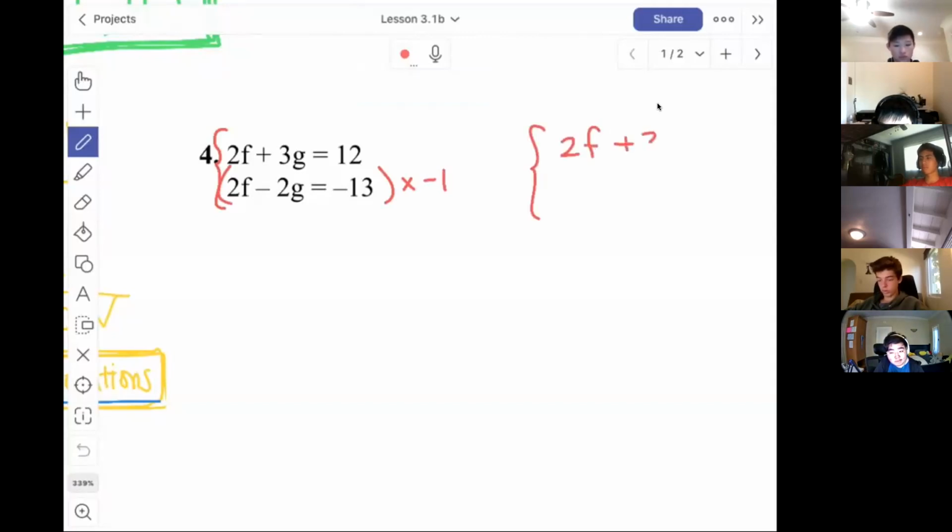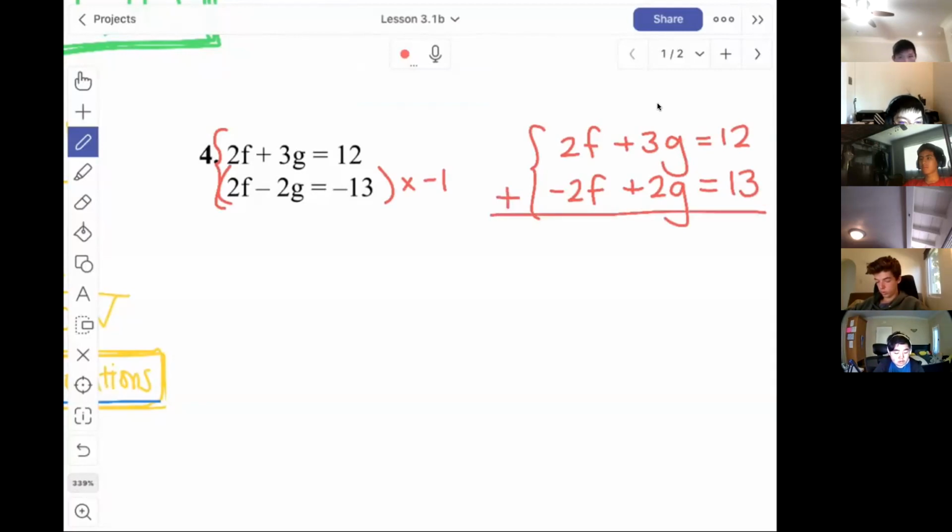And that actually saves a lot of people from careless mistakes. If you feel that you do not need to do that, and you can subtract without careless mistakes, feel free to subtract. If you are prone to careless mistakes, multiply everything by -1 on that second equation. And that saves people from careless mistakes.